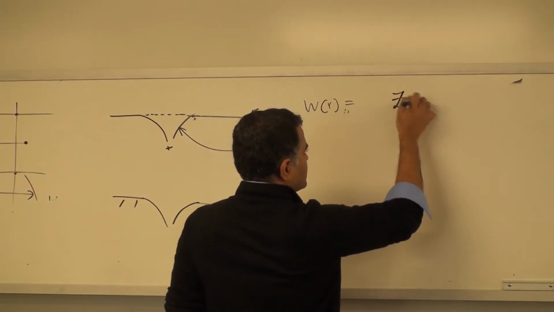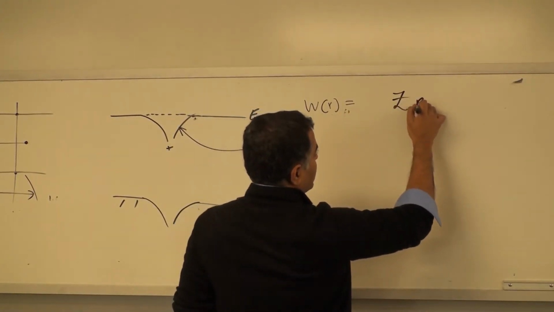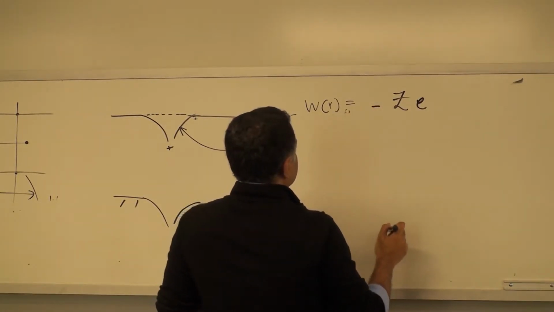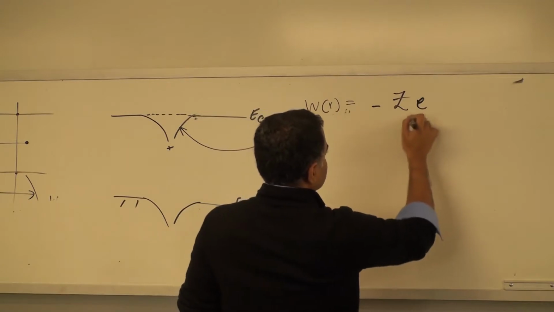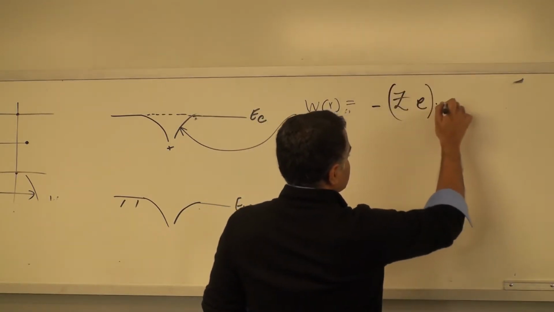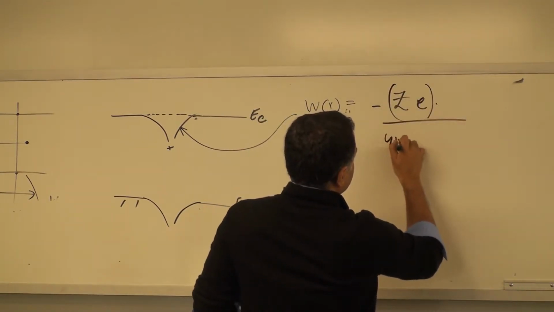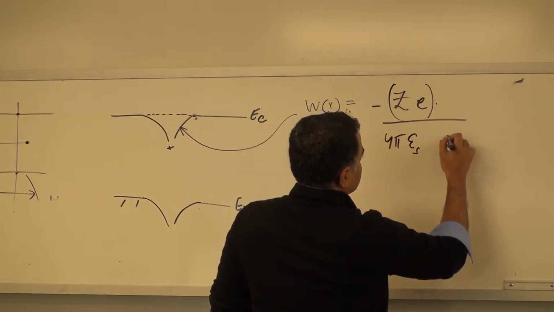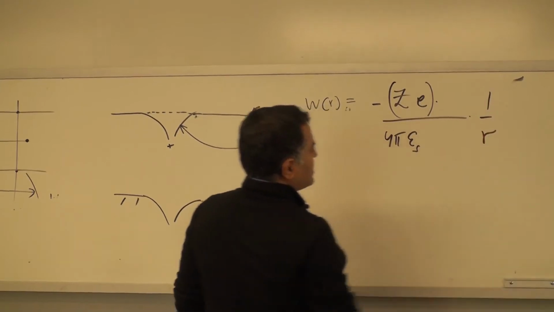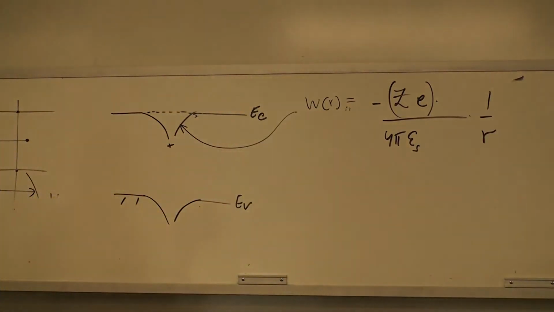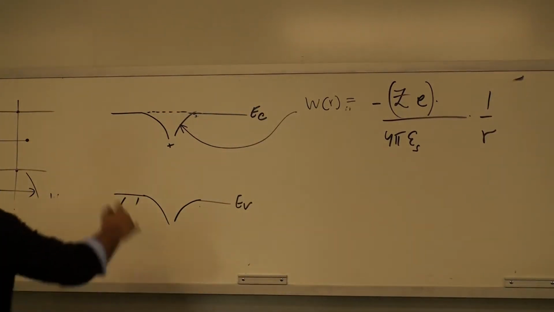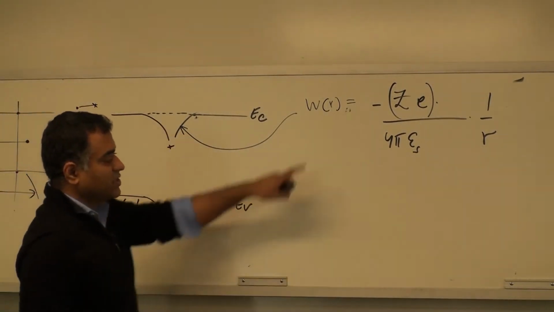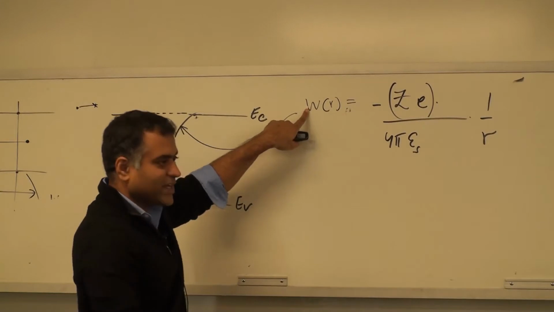Z is the number of charges that came from there, times e, and remember, this is the potential seen by electrons. So it's the net charge over 4 pi epsilon, the dielectric constant of the semiconductor, the material medium, times 1 over r. That's the Coulomb potential. If an electron is trying to move around here, it will get attracted to this positive charge, and that's the potential. Negative means it will be attracted.